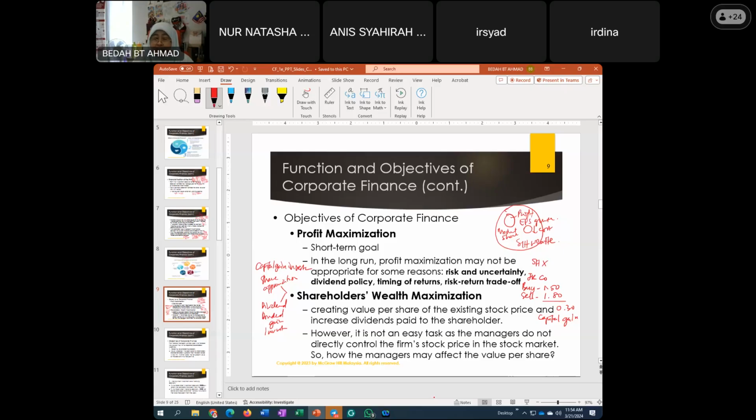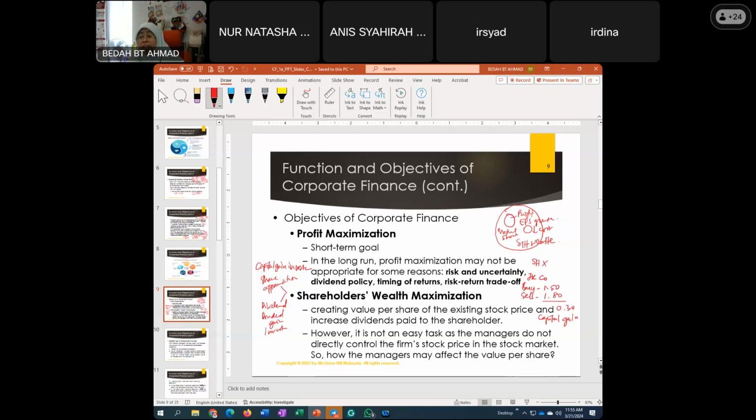Here, even though the statement says that managers do not directly control the firm's stock price, as the stock price is influenced by the demand and supply of the investors trading at the stock market, whatever managers do, especially decisions on capital budgeting, investment, financing, and working capital management, do have an effect, because the decisions relay information to the investors who are trading at the stock market.